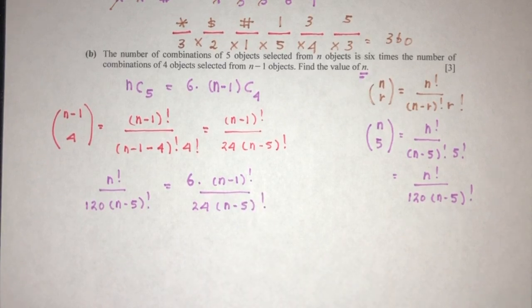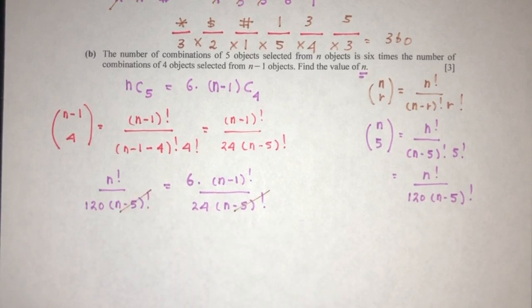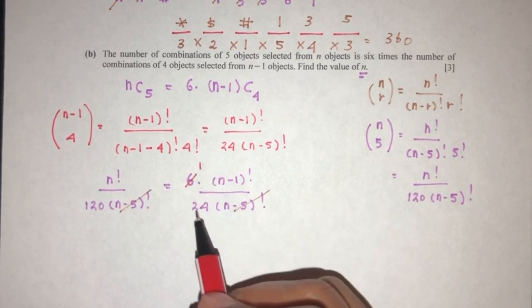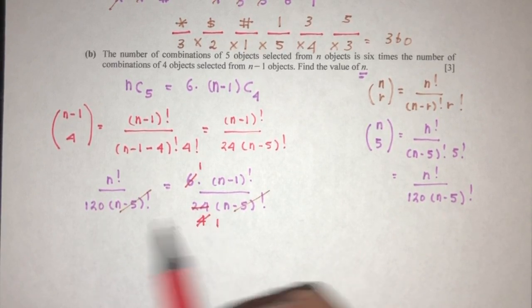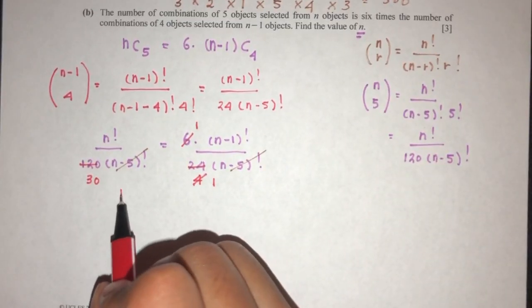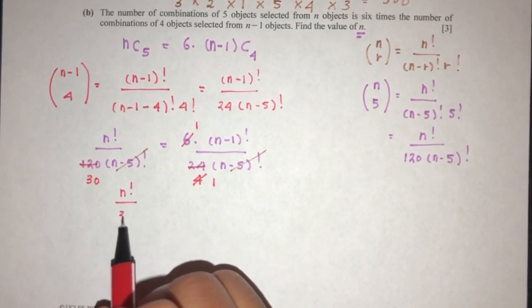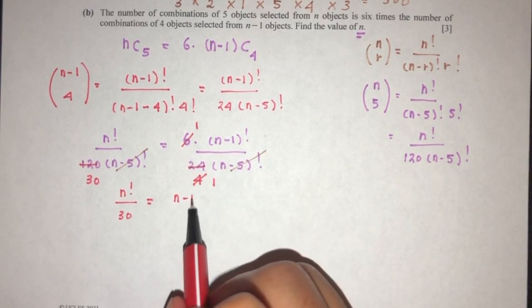Step by step, this will go away. Same and same. Divide by 6, you will have 1 here, and that will become 4. Now divide by 4 on both sides, that will become 1, and this will become 30. So right now you will have n factorial over 30 is equal to (n minus 1) factorial.